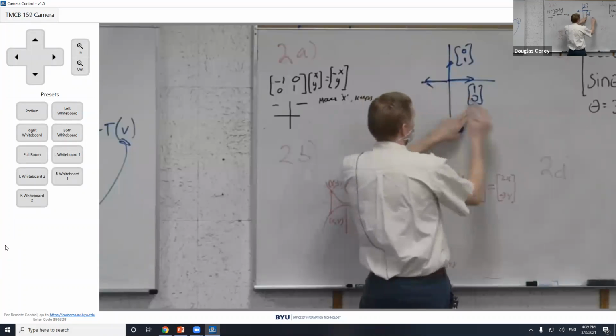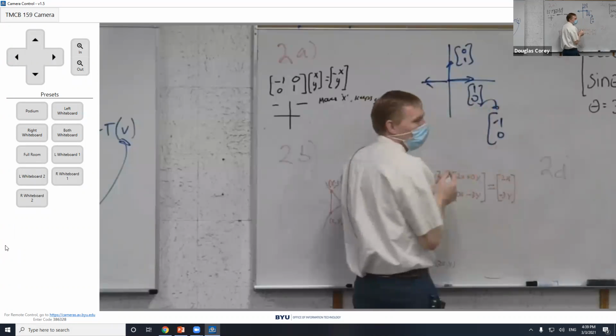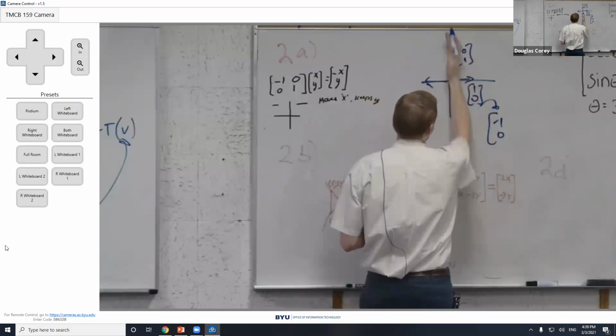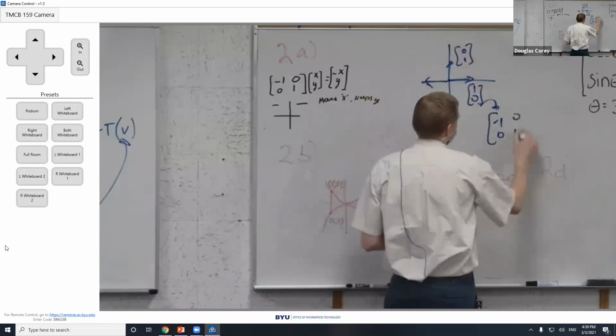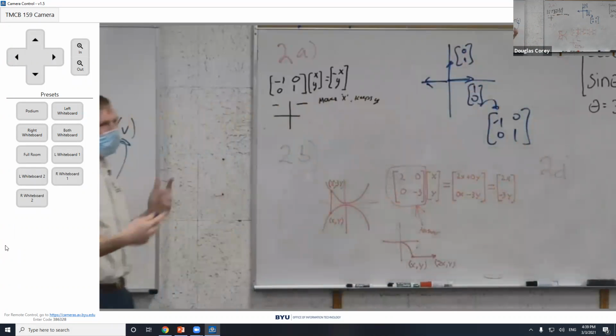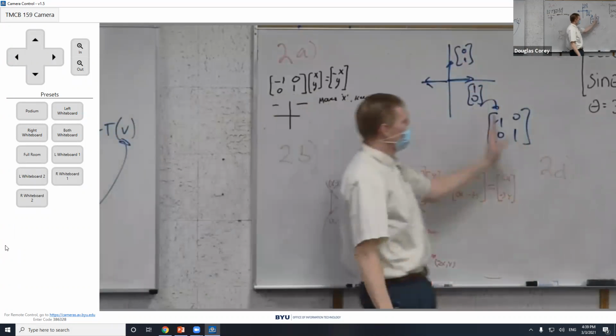So that's going to be the first column of my transformation matrix. Where does 0, 1 go when I reflect it along that line? Well, it's on that line. It doesn't change. So it stays. That's the power of that theorem, where you can just think about what happens to your standard basis vectors, and then write where they go in these columns.